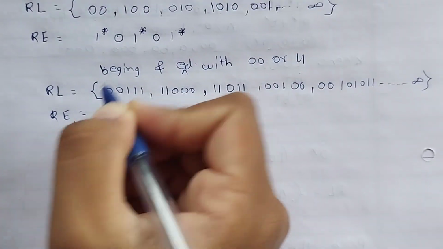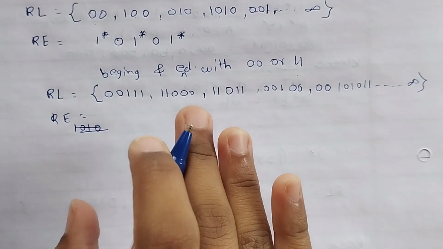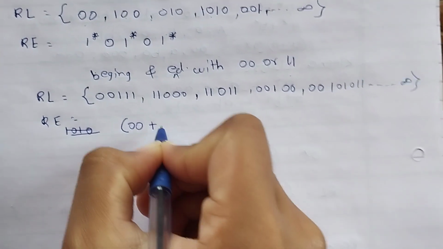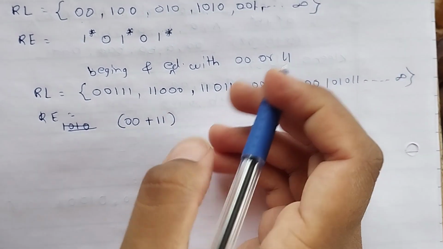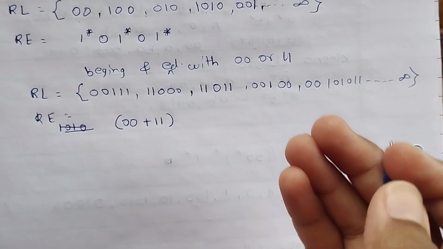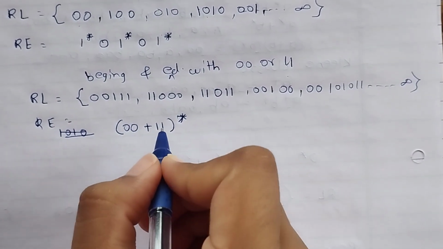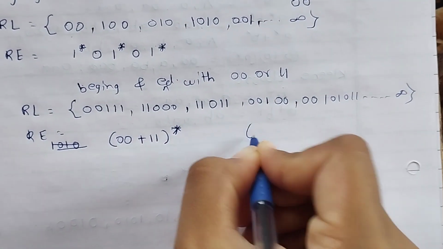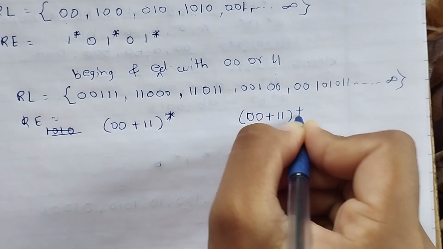So now we write the regular expression, RE. As the statement says, the string can start with 00 or 11, and this can repeat more than one time, meaning 00 can come four times, six times, any number of times. So for that we write (00+11)* and end with (00+11)*.